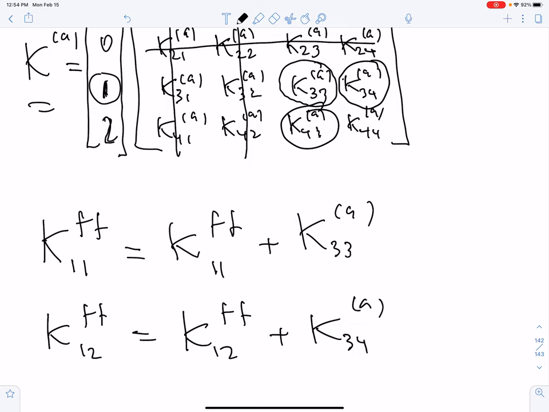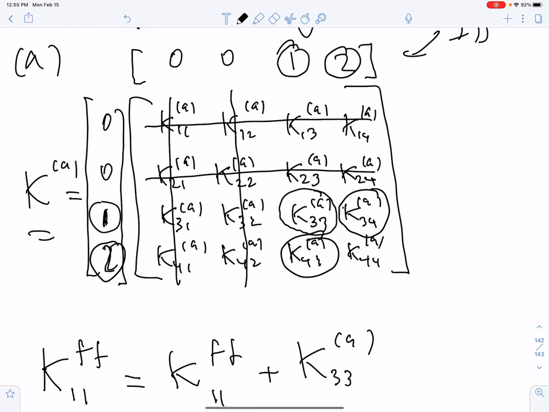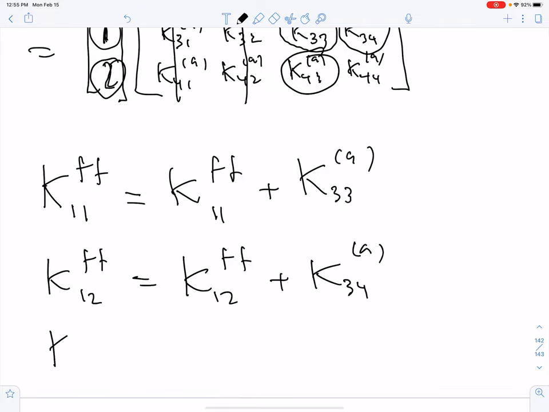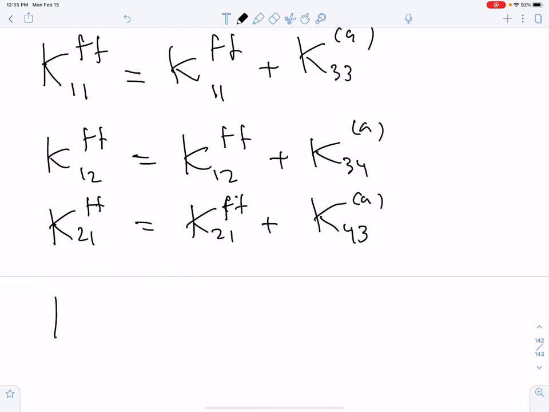Now the row is 2, column is 1. So KFF 2, 1 is whatever was in it before, plus K43 of A. And finally, KFF 2, 2.